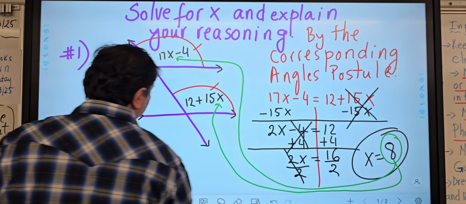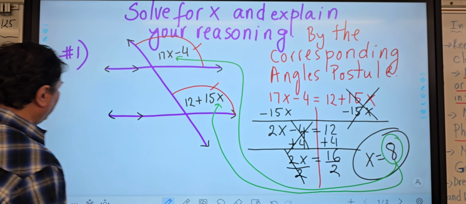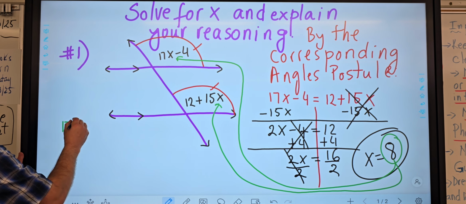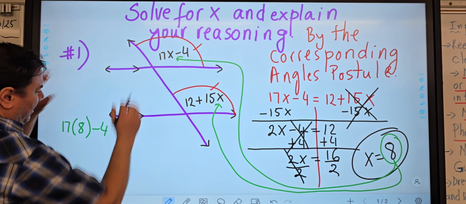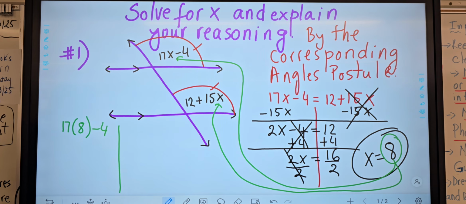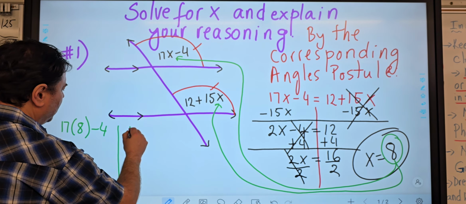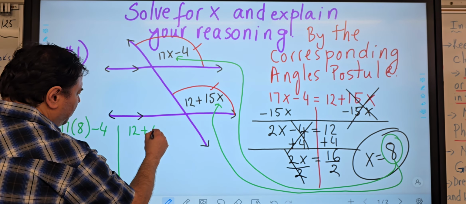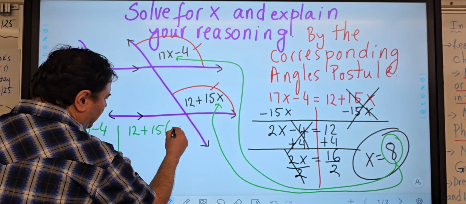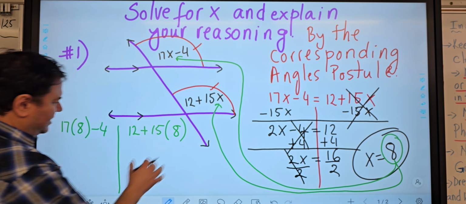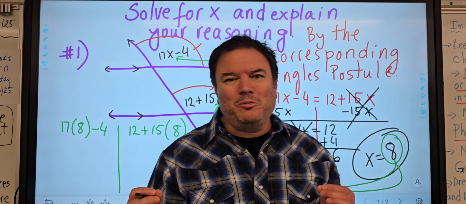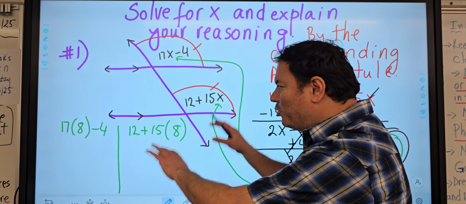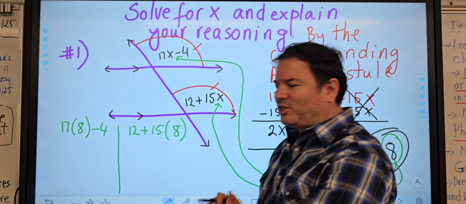So now we have 17, instead of x we put 8, so we have 17 times 8 minus 4, this is for the top angle, see what we get, and then we have 12 plus 15 times 8, and see what we get. Those two angles should be equal to each other, therefore we should get the same answers.